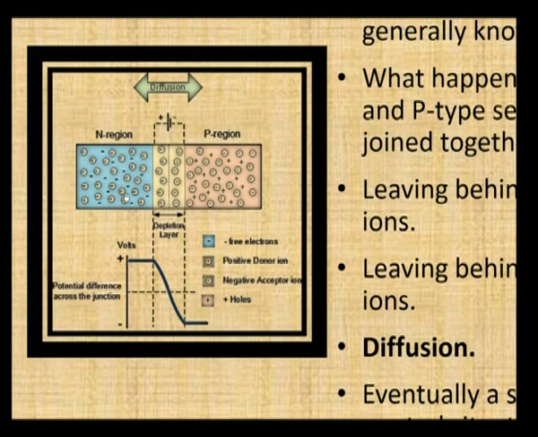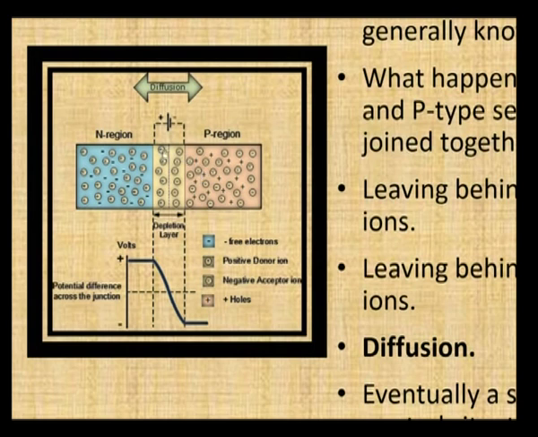Electrons are the majority carriers in the n region, and in the p region holes are the majority carriers. When we join the n and p regions, diffusion takes place because of the high potential gradient. The electrons move from the n region to the p region, and in the same way, in the p region the holes are the majority carriers.